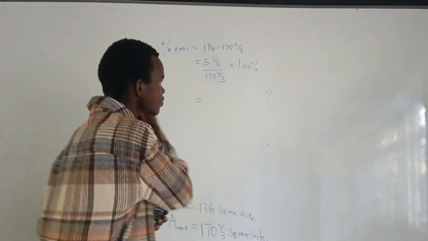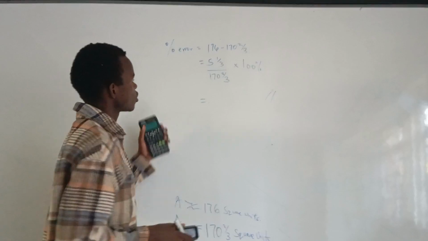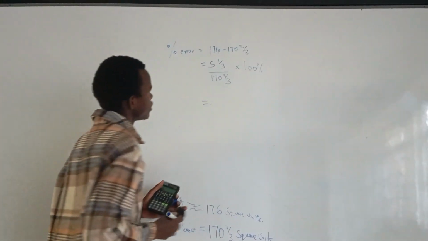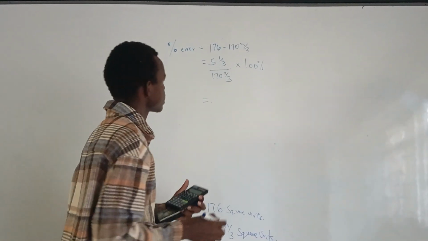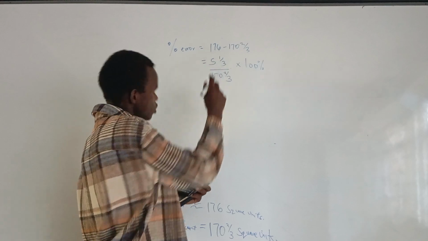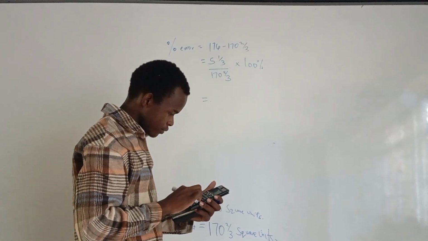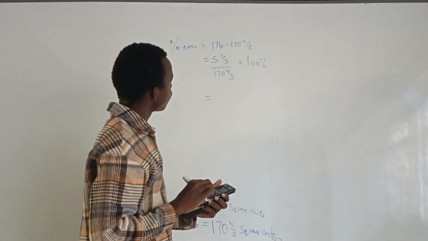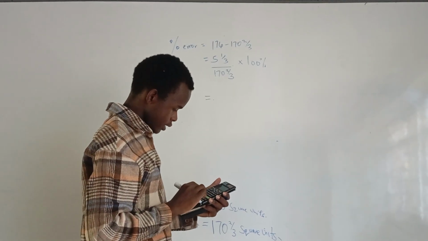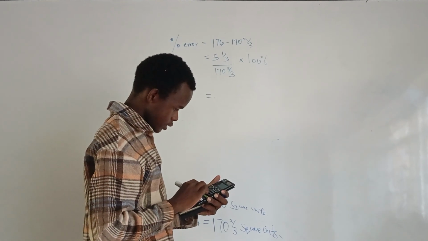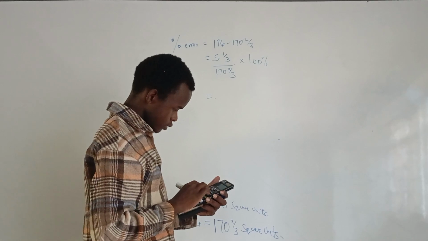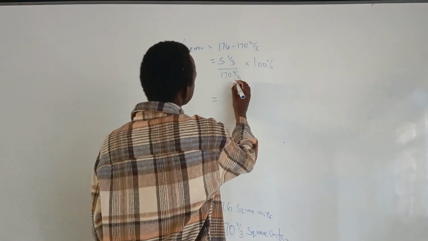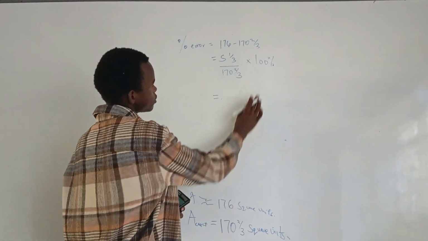These are concepts in high school. We usually teach calculating the percentage error. So how will we get our percentage error? It will be our 5 and 1 over 3 divided by 170 and 2 over 3 multiplied by 100.